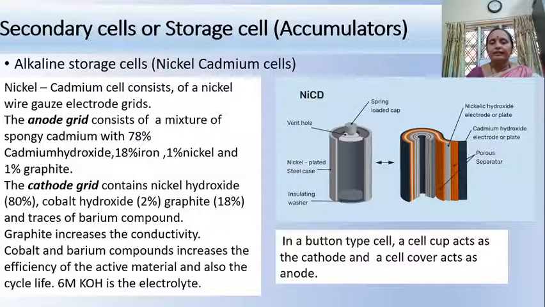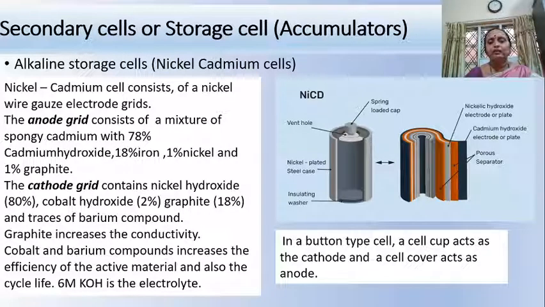The anode grid contains a mixture of spongy cadmium with 78% cadmium hydroxide, 18% iron, 1% nickel and 1% graphite. So it has cadmium hydroxide, iron, nickel and graphite.